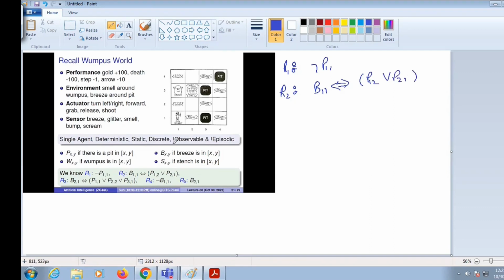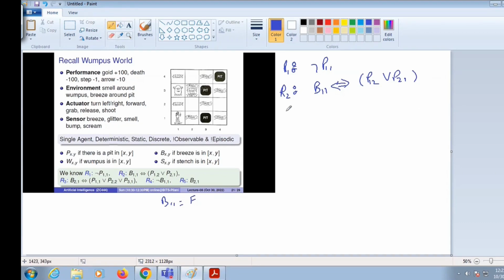Breeze in 11 implies that there is either a pit in 1 2 or 2 1. Is it right? But breeze in 11 is false. We know that B11 is equal to false. There is no breeze. But do you understand this statement?